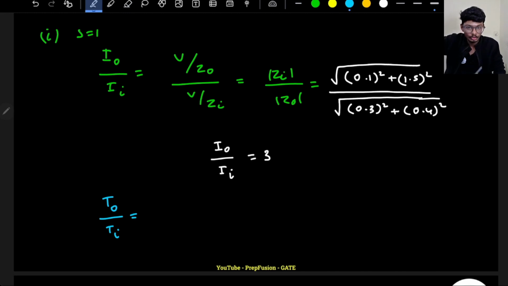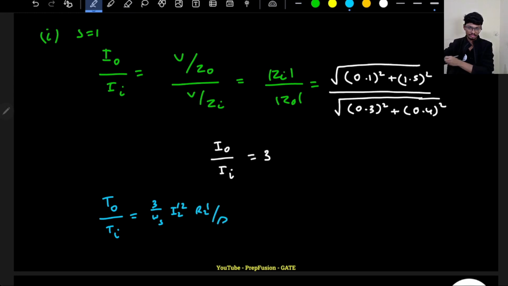So what is torque proportional to? Torque is basically 3 upon omega s into I2 square into R2 dash divided by s, right? This is what my torque is equal to. So roughly divide by the inner cage.